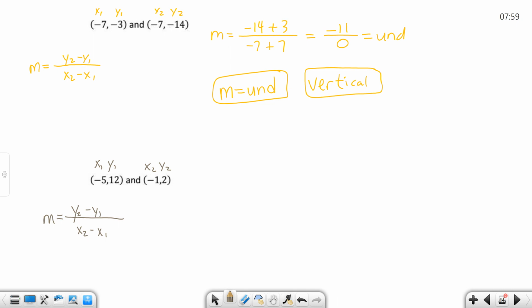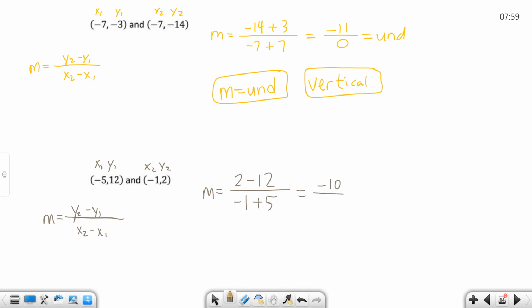So 2 is my y2, so m equals 2 minus 12. This is y2 minus y1. And then if I start with 2, I have to start with the x value that goes with it, negative 1. So negative 1 minus a negative 5 is plus 5.